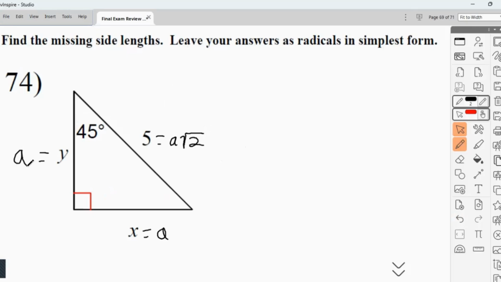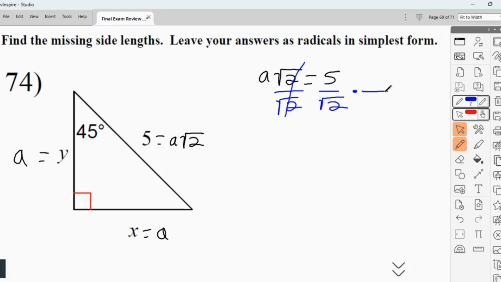We've got to do a little bit of algebra. So in this case, we're going to divide both sides by square root of 2. Now, we know that these cancel out right here and here, but we need to rationalize the denominator.